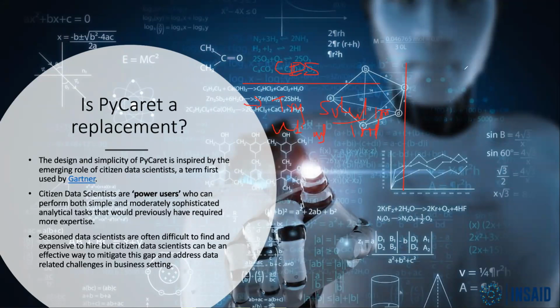And seasoned data scientists, SDS, are pretty much experienced, from experienced backgrounds. They might have a master's in computer science, right? And they might have done a PhD or something.